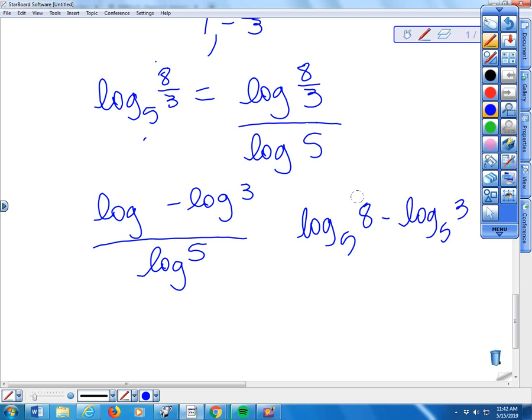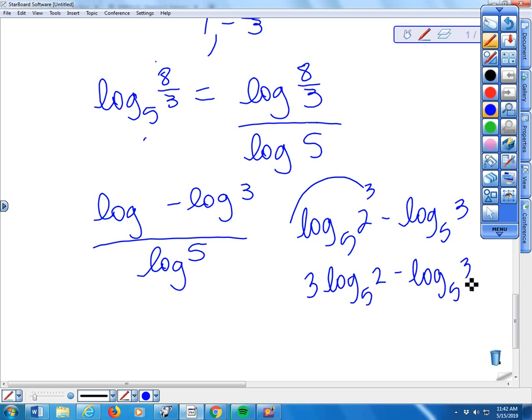This is 2 to the third power, right? Bring that down. So I have 3 log base 5 of 2 minus log base 5 of 3. Now I can use what they give me. Log base 5 of 2 is 0.4307. Log base 5 of 3 is 0.6826. I take 0.4307 times 3 and subtract 0.6826.